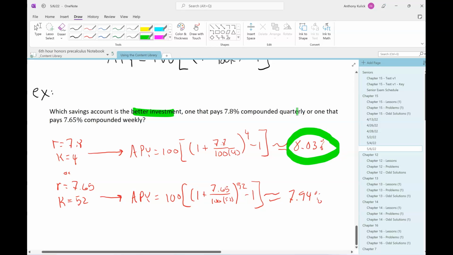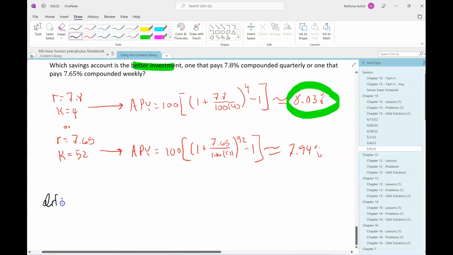The first one, because it's a bigger percent. You guys feel pretty good about that? Yeah. Okay. One more concept to talk about here.